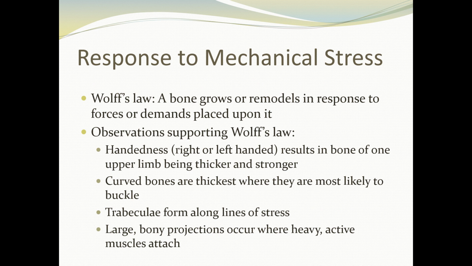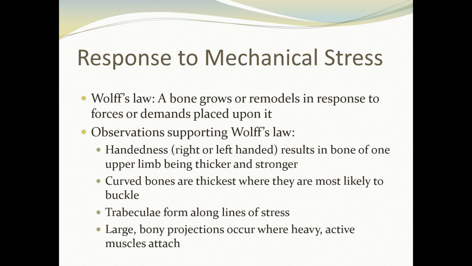Wolff's Law states that a bone grows or remodels in response to the forces or demands placed upon it. There are several observations that support Wolff's Law. The first is handedness, right or left-handed people. This results in the bone of one upper limb being thicker and stronger than the other.